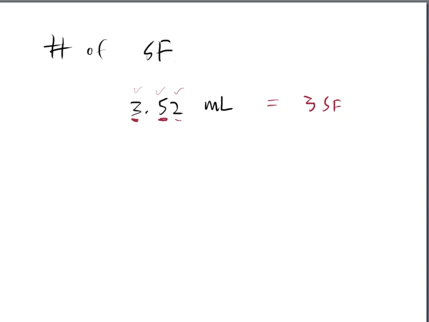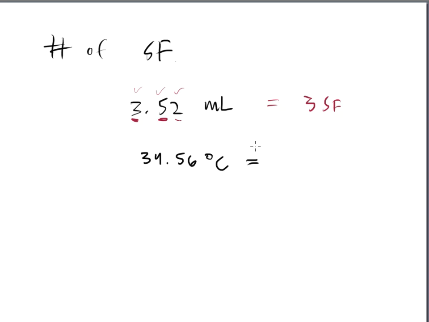All right, let's try another measurement. Let's say we go into a laboratory and I make a temperature readout. The temperature readout that I'm getting in the room is going to be 34.56 degrees Celsius. I look at this measurement that's reported, and the question says, how many significant figures do you have?